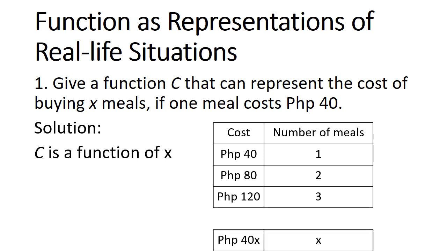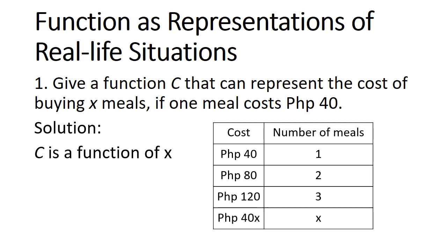Therefore, kung X meals ang bibilhin mo, you are paying 40X, where X is yung bilang ng meal. So our function is just C of x is equal to 40x. Kasi nga, ganun lang siya ka-basic. Kung ilan yung bibilihin na meal, i-multiply mo lang ng 40 kasi bawat meal ay ang bayad niya is 40 pesos.